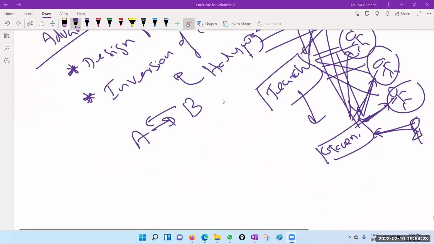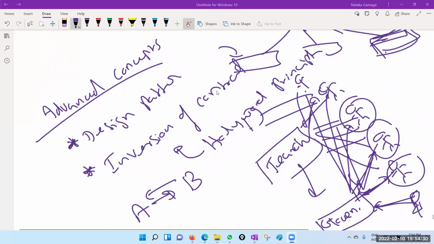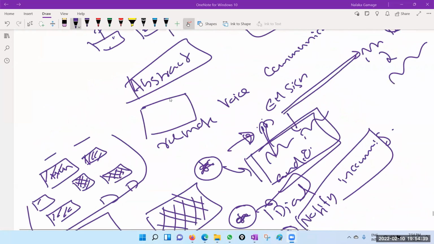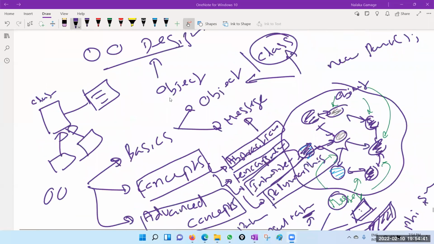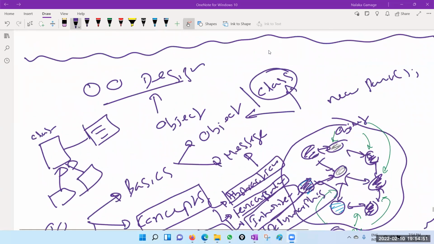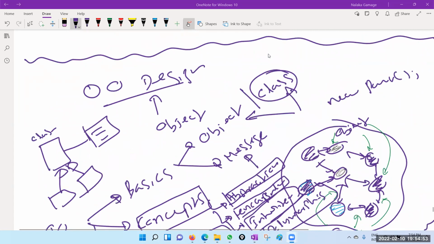So that is, at high level, how object-oriented software is designed. I will explain it again. The object-oriented basics: the concept of object, the concept of class, and the concept of messaging. There are some diagrams we use to show how these classes are interrelated. That is called a class diagram. Then we have other UML diagrams called sequence diagram and communication diagram.